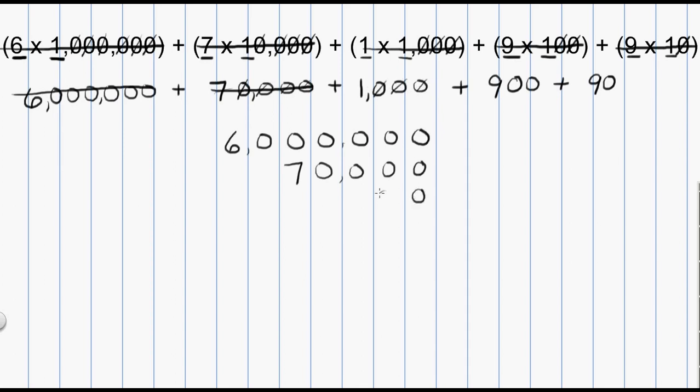So 1, 2, 3, and then bring that 1 down. Go to 900, has 1, 2 zeros. So 1, 2, and then bring the 9 down. And then finally my 90 has 1 0, and then I put the 9 down.